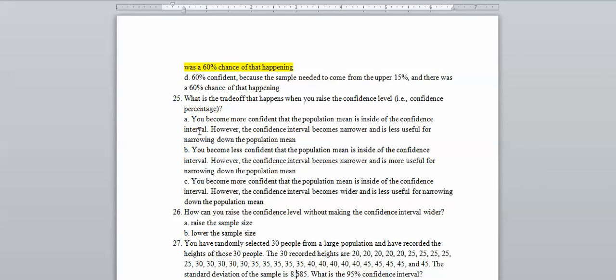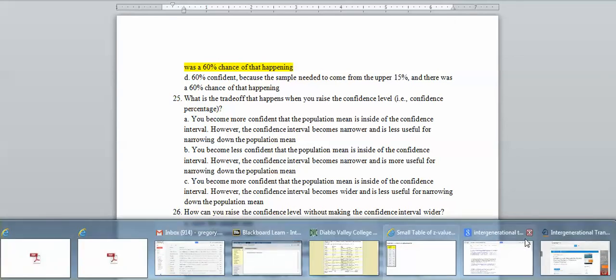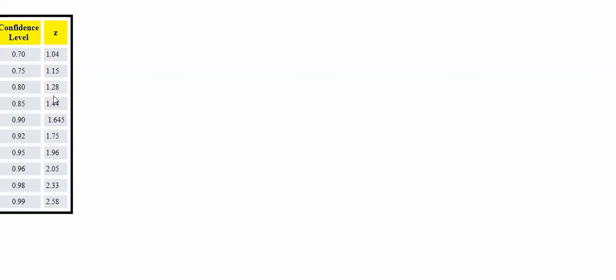The problem is, whenever you raise the confidence level, you're using a bigger z-score. Notice how higher levels of confidence have bigger z-scores.